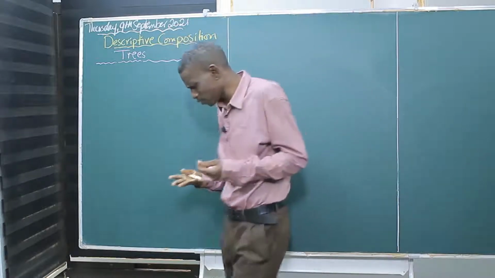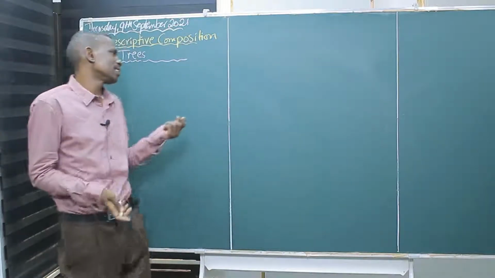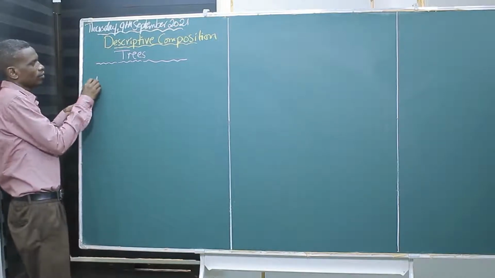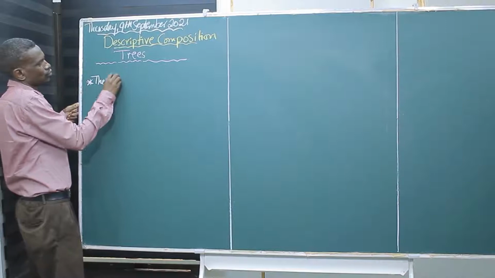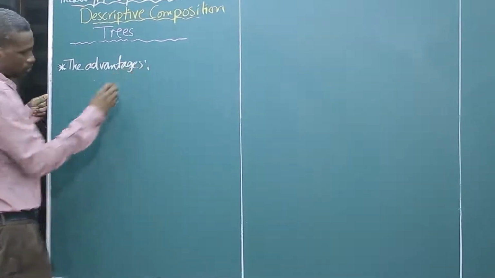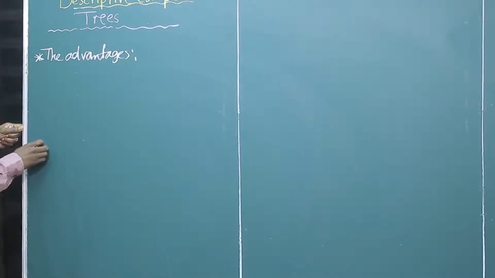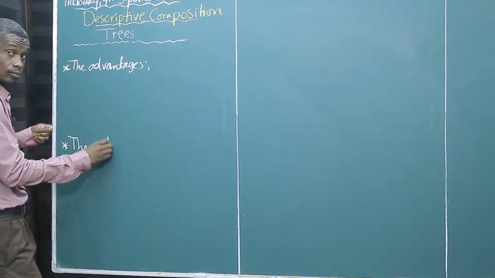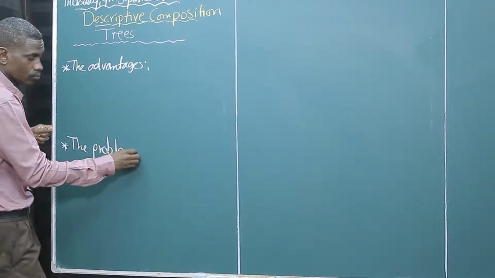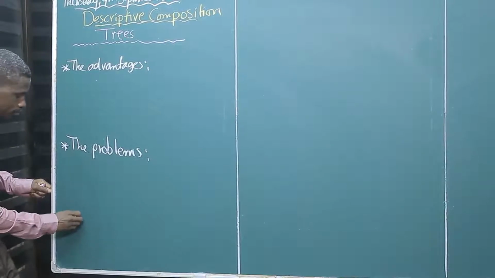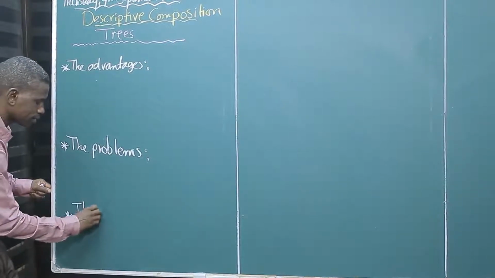Before doing anything, this composition is guided. So we have some guide, like what? The advantages, and then the problems, and also we have the solutions.